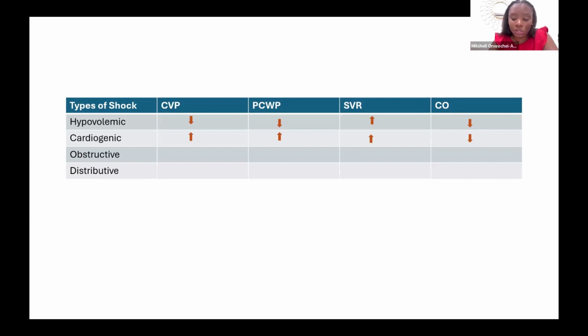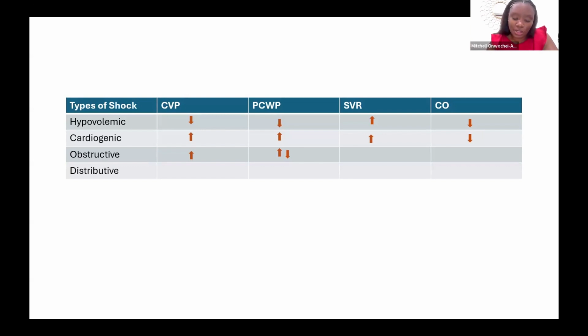And with obstructive shock, what do you think your CVP should be? It should be high. And what about your wedge? What do you think it should be? So this is tricky. It's usually low. So in things like an acute massive PE, your right ventricle is blown, but your left ventricle is spared. And if anything, it's hyperdynamic.